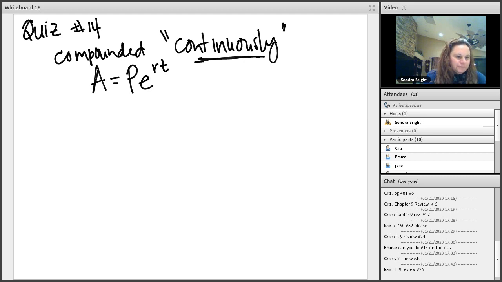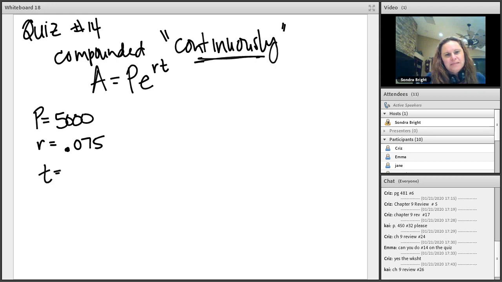All right, so he put 5,000 into the account. That's your P. The interest rate was 7.5%. You're going to move that decimal place over 2 places to the left, so 0.075. And how much will be in the account on his 18th birthday?